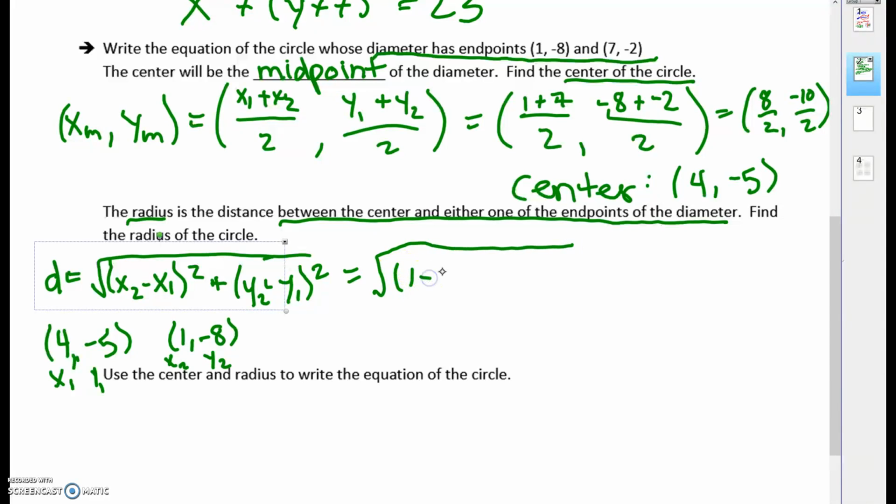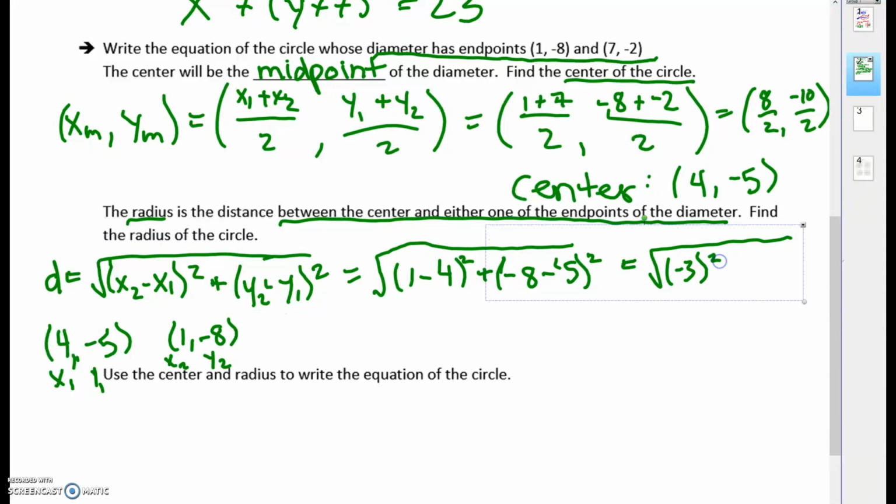So the square root of x2, 1 minus x1, 4 squared, plus y2, negative 8 minus y1, negative 5 squared, which gets me the square root of negative 3 squared plus, again, negative 3 squared, or the square root of 18.